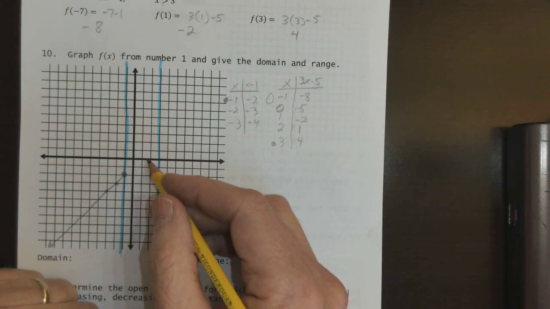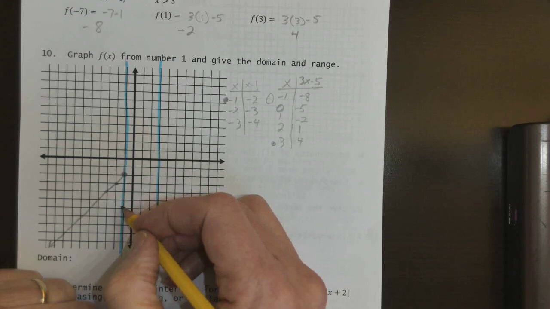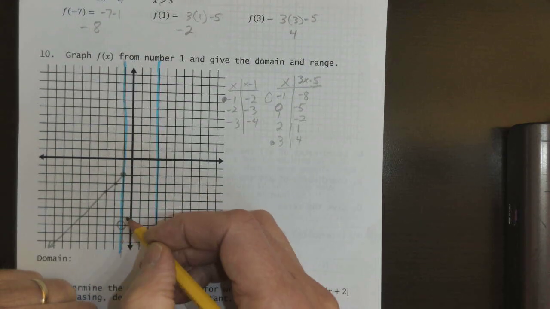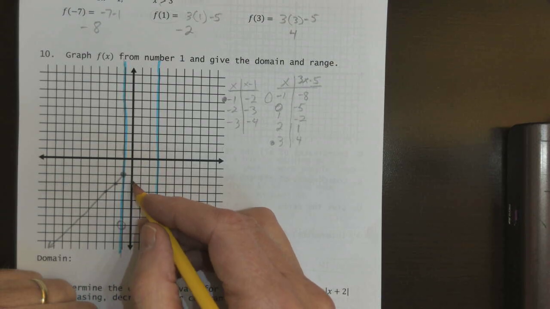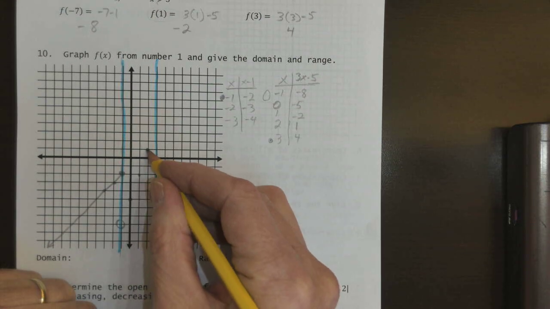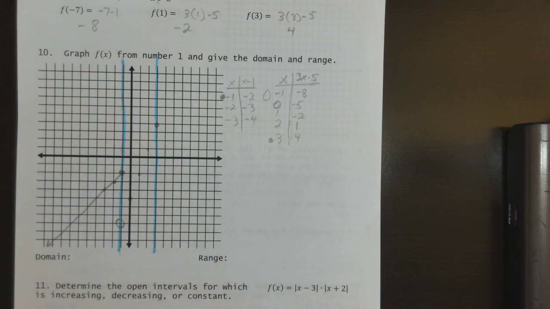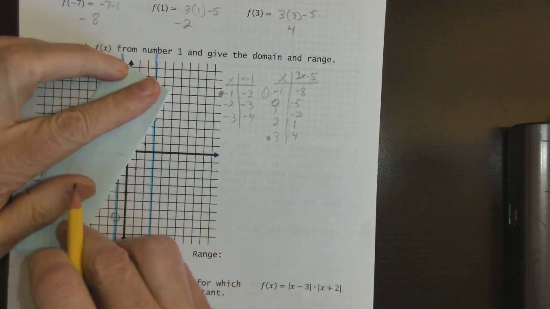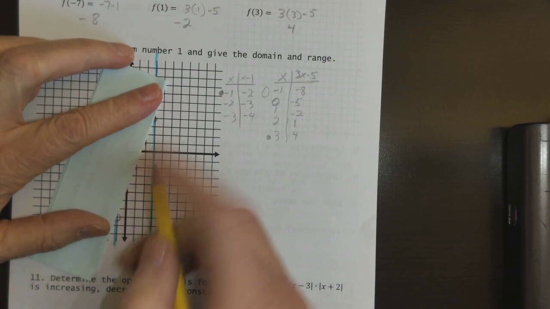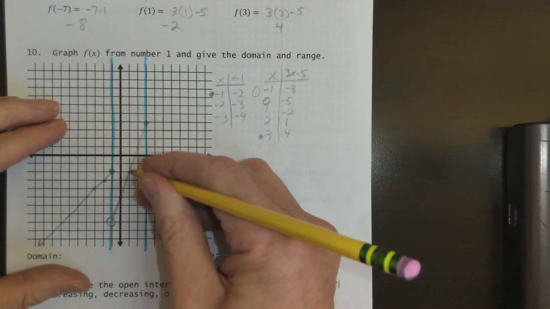So negative 1, negative 8. 0, negative 5. 1, negative 2. 2, 1. 3, 4. Alright, so there's that part there.